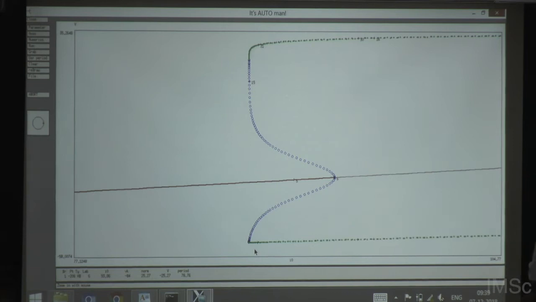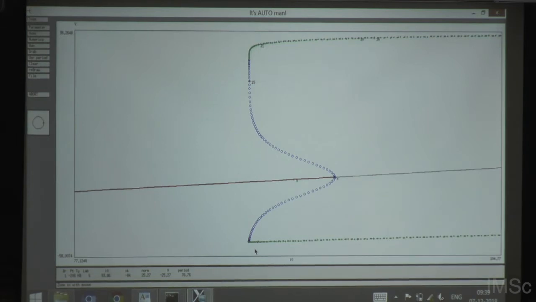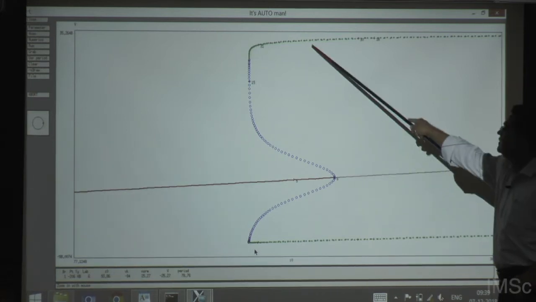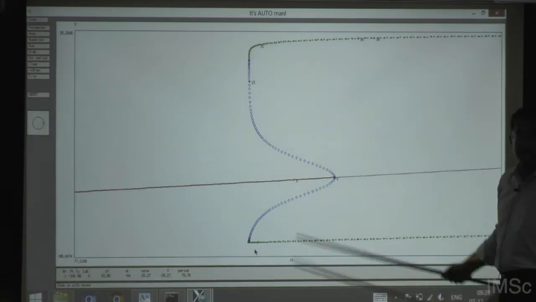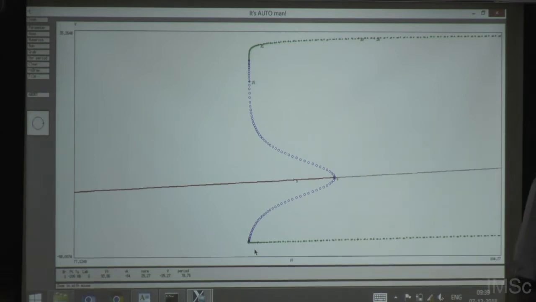So for the same value of the parameter, you've not changed I, simply by where a perturbation leaves you, which means you're changing the initial conditions in a sense, you can get attracted into this or you can get attracted into that. So there are two attractors possible. One is a stable fixed point, the other is a stable oscillation, and you can have either of those situations depending on where you start.